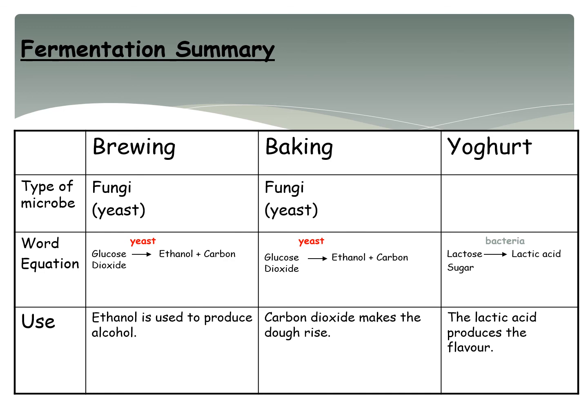So glucose is converted to carbon dioxide, and your carbon dioxide makes your dough rise. And then for the last one, yogurt. So your type of microbe would be your bacteria. So your lactose sugar is what your bacteria feed on, and they produce lactic acid, which produces the flavour in yogurt and in cheese. So well done if you finished this video.